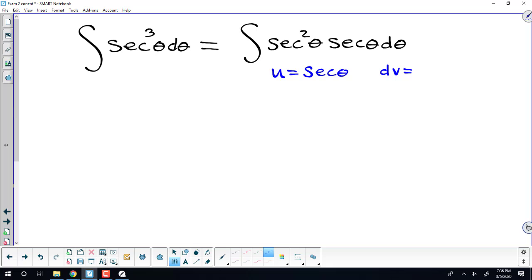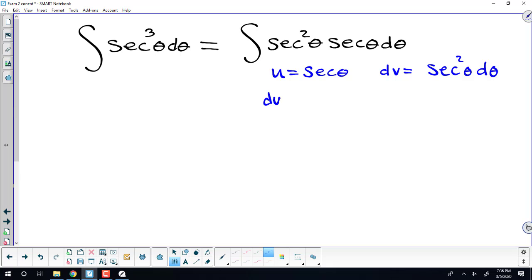And basically what that's saying implicitly is we could also say that's the equivalent of making dv the largest part of the integrand that we know how to take the antiderivative of. We know the antiderivative of secant squared. So that's the largest chunk of the integrand that we can find the antiderivative of.